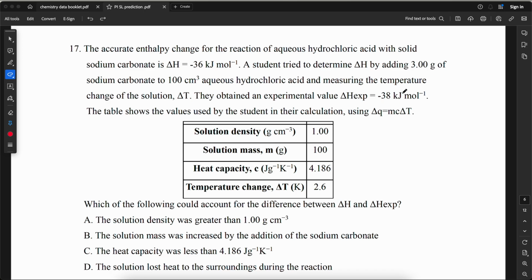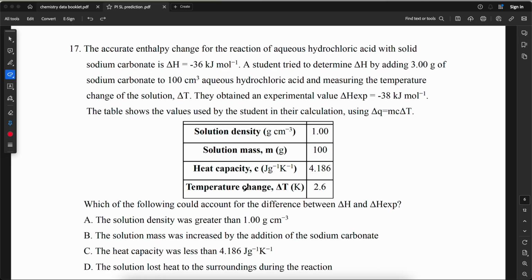As you can see, the numbers are not that very much difference. It's only 2 kilojoule per mole. Therefore, there is slight small error here. So if we see the option D, the solution lost heat to the surroundings during the reaction.